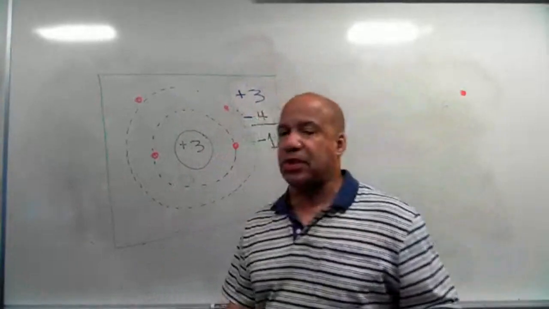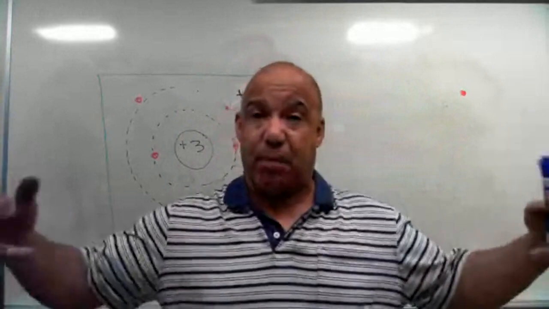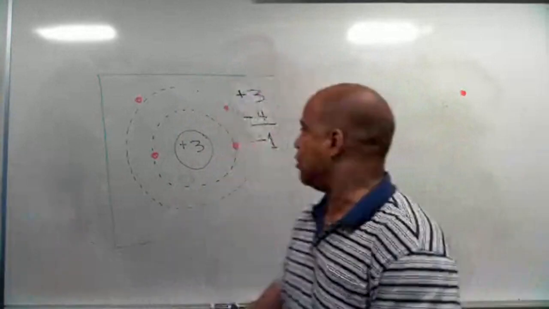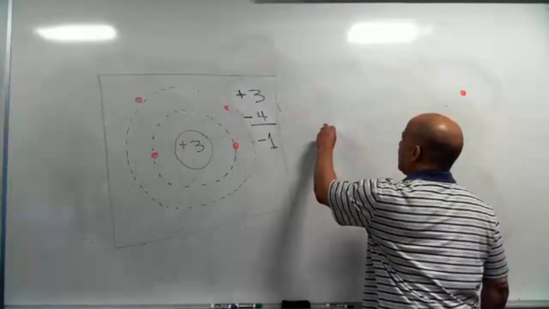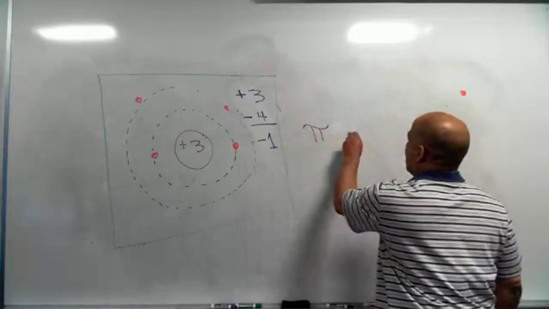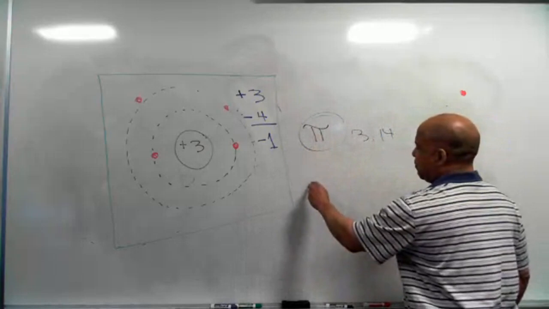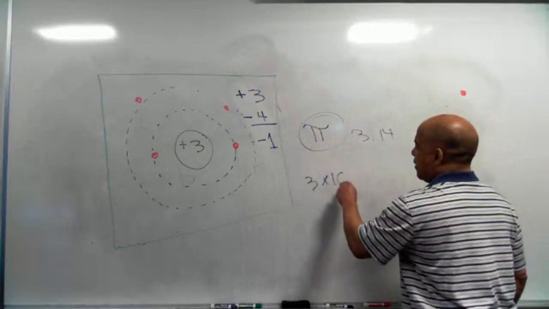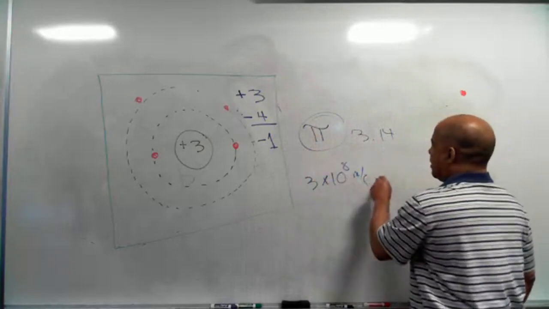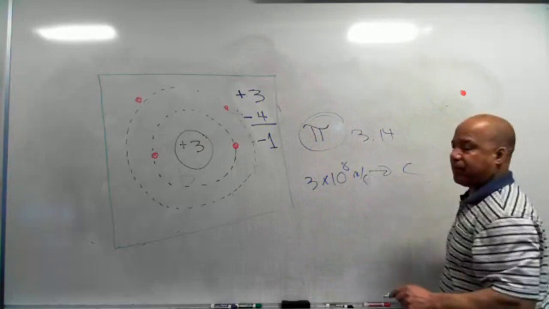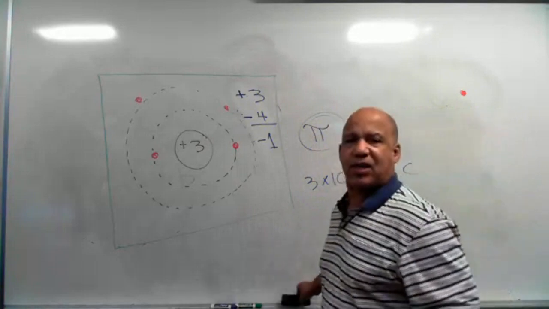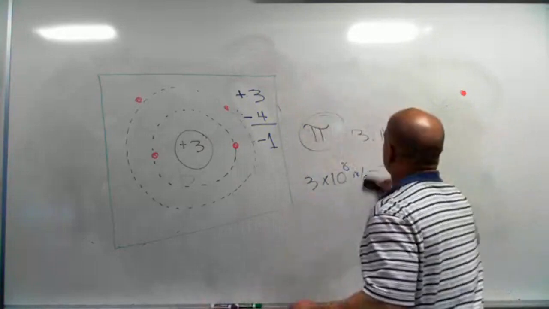And in science and engineering, when something is important, we give it a symbol or we give it a name, right? You know some of these, like this is important, 3.14, so we give it this symbol. This is important, 300 million meters per second. That's the speed of light, so we give it a symbol. Well, charge is the same way. It's really, really important in engineering and science.